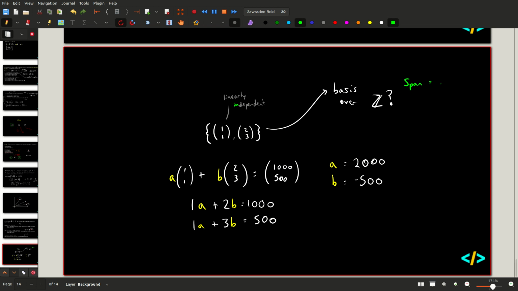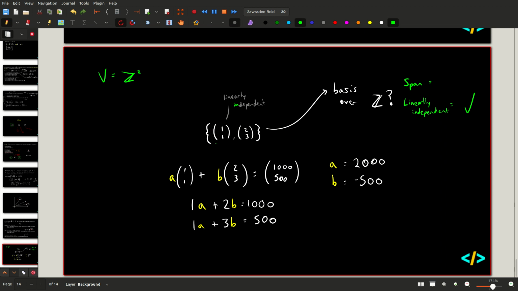So the two conditions we're checking for are if the span is the vector space, our vector space is just Z squared, and if it's linearly independent. We know these two vectors are linearly independent because none of them is a multiple of the other. We can't get this one with this, and we can't get this one with this. So that's ticked off.